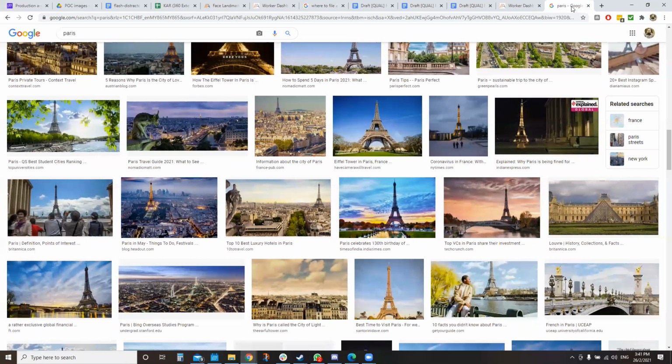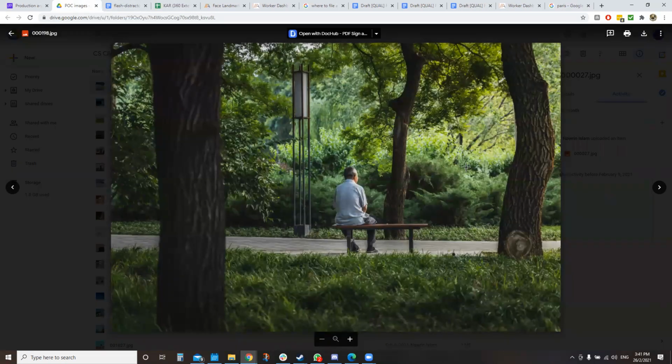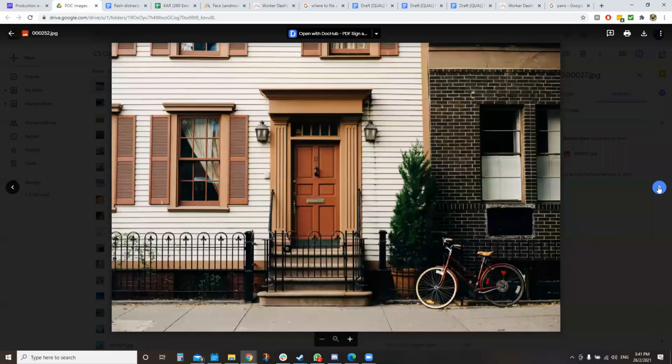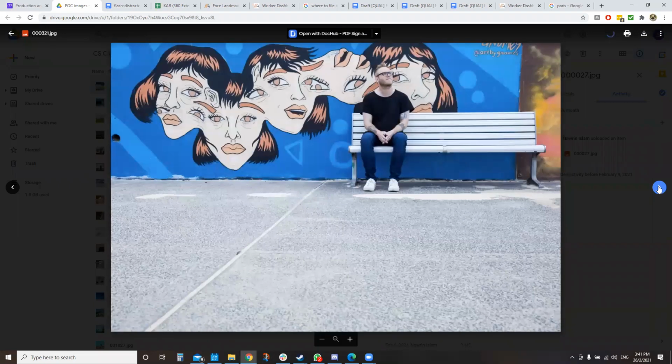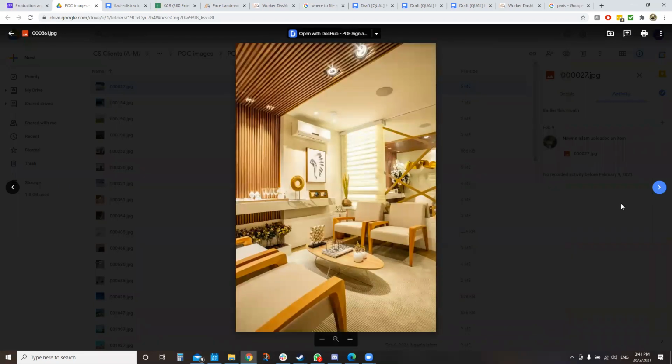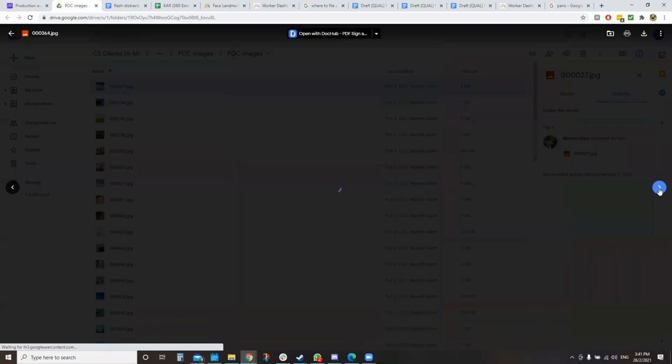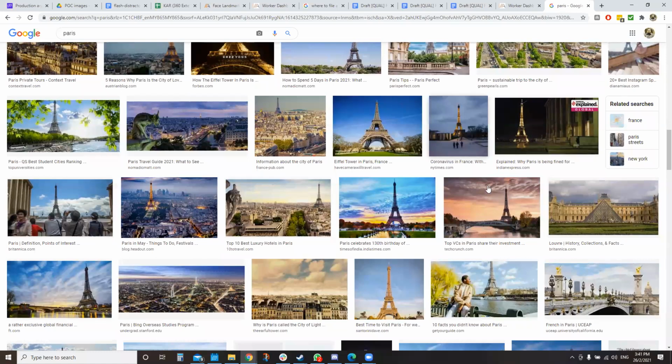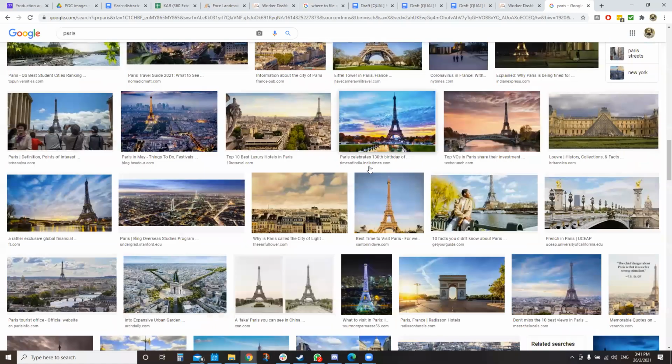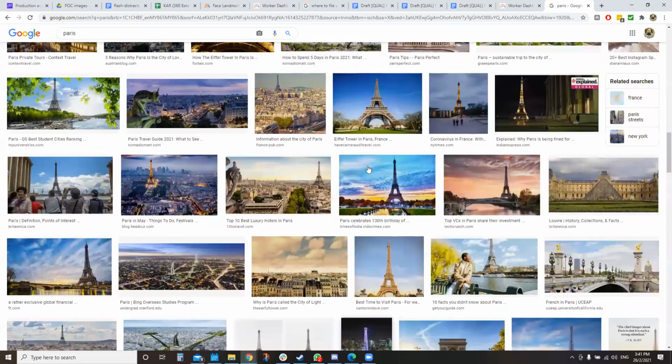So what the client is trying to do is turn this kind of picture, any pictures, into something like this picture here.